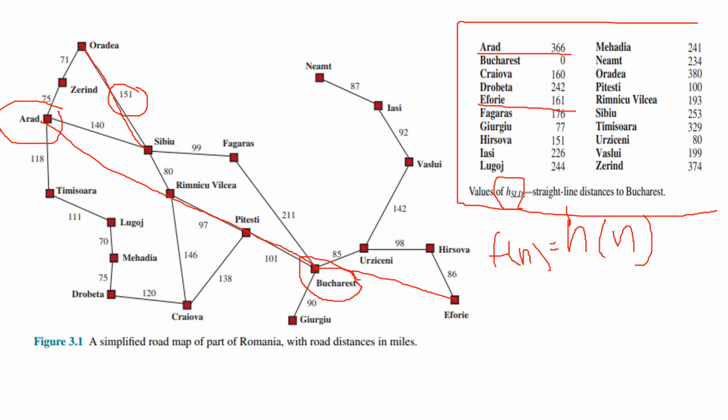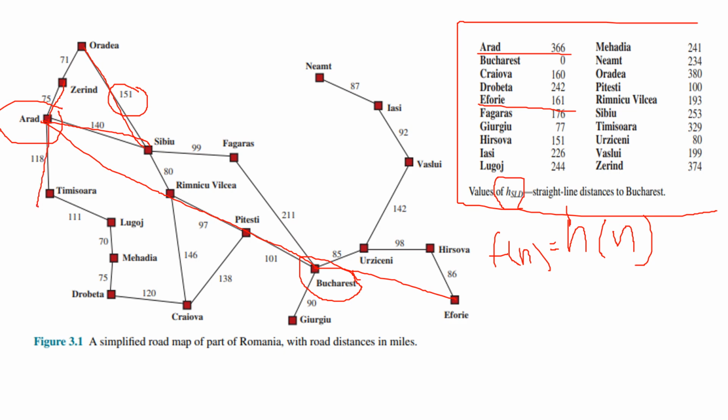Here we can see our starting node is Arad. Arad to Bucharest, the straight line distance is 366. It is given. We are expanding that node Arad. Arad has three child nodes. From Arad we can go to Zerind, we can go to Sibiu, and we can go to Timisoara.